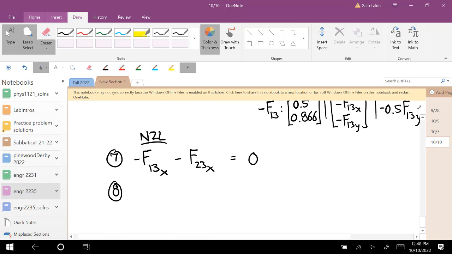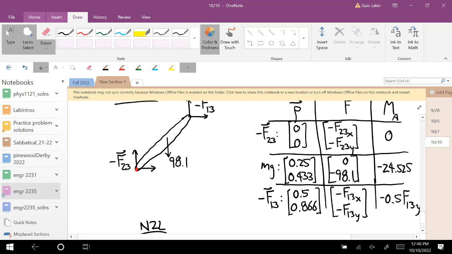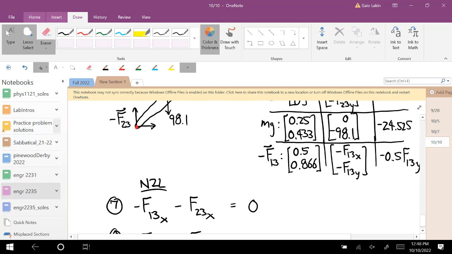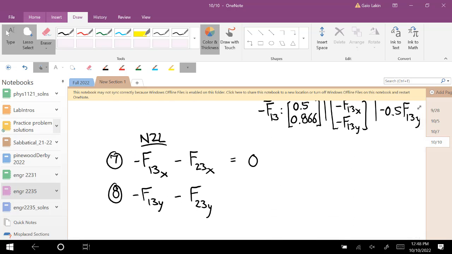The y equation says negative F13y minus F23y is equal to positive 98.1.